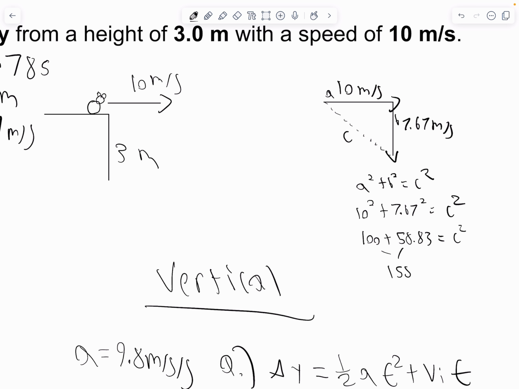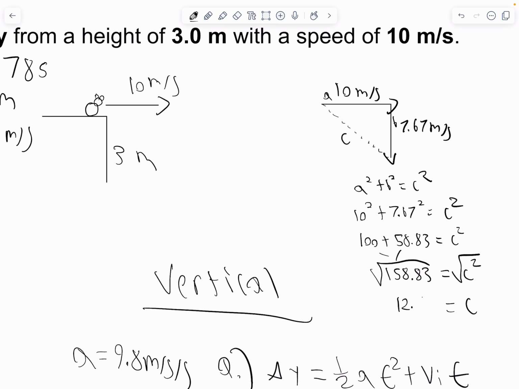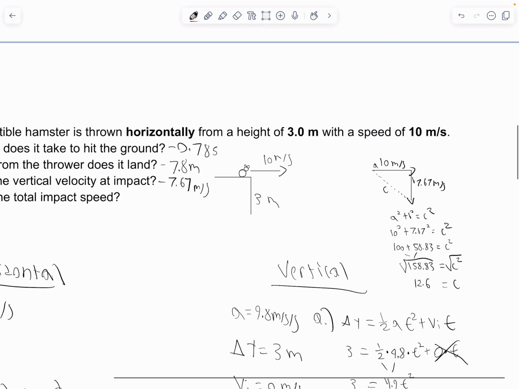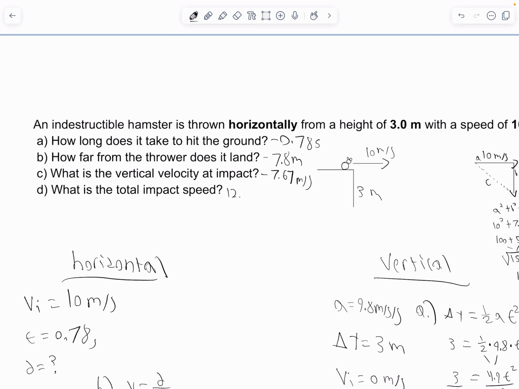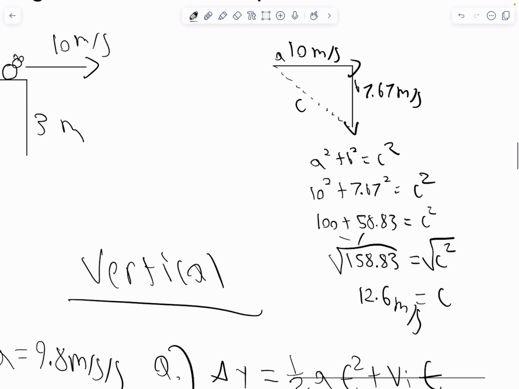We get 158.83 equals c squared, square root, and then this would give us 12.6 meters per second. So this would be the total impact speed. We're taking into account both the horizontal components and the vertical components to get this answer. All right, I hope that helped.